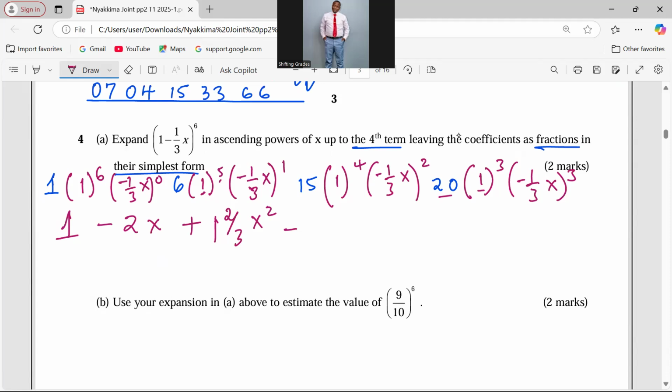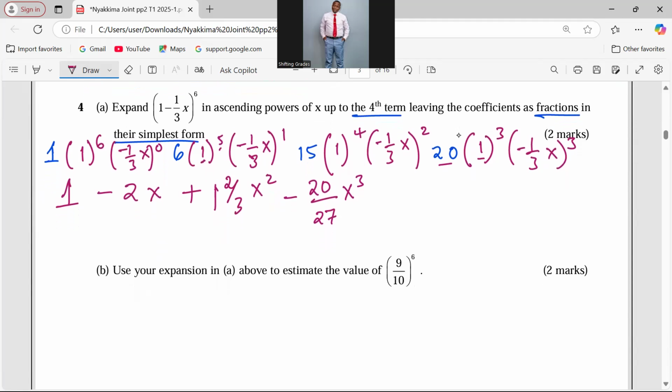So negative 1 over 27 multiplied by 20 will be negative 20 over 27. But now x is to power 3. We are done. Fractions, simplest form. We cannot simplify further. We cannot introduce decimals, so we are done.